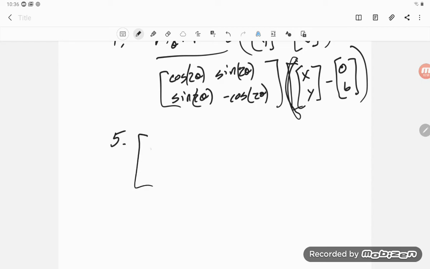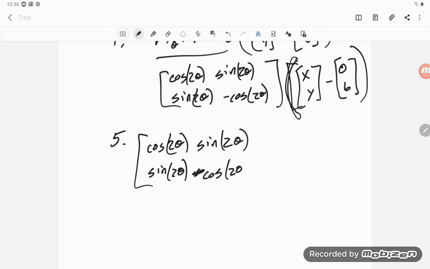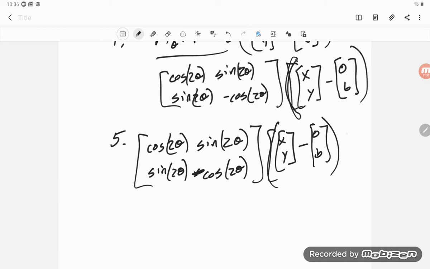So here I have my cosine 2 theta, sine 2 theta, sine 2 theta, minus cosine 2 theta, times my xy minus my 0b, and then I need to add back the 0b.